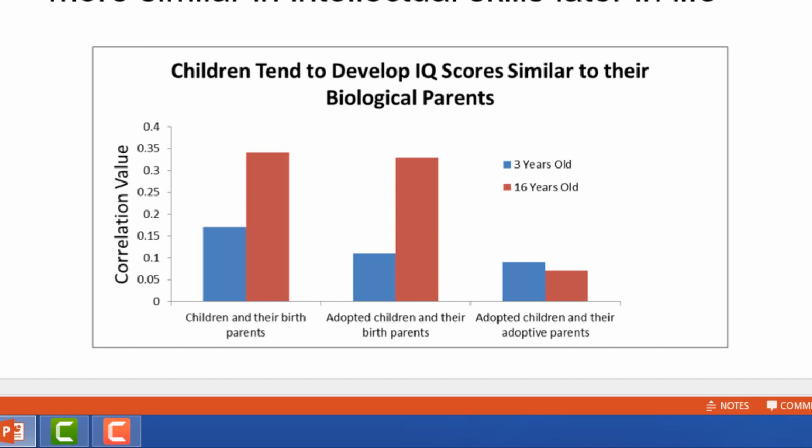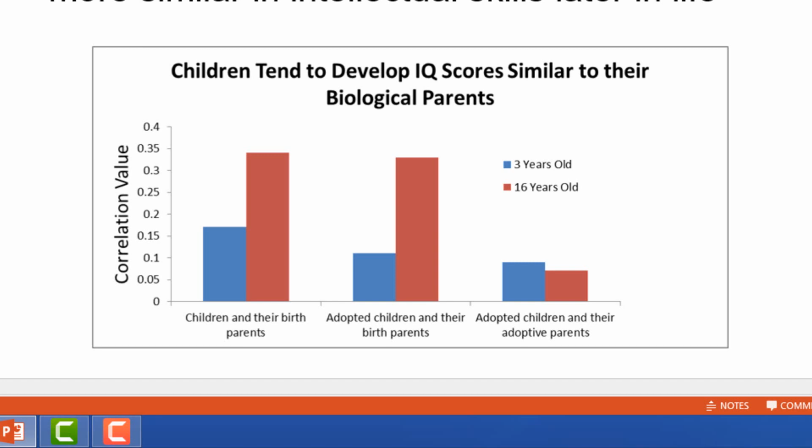And what's especially noteworthy in this case is that even if these children have never met their biological parents because they're adopted, or even if their biological parents have actually passed away, they still will show up with intellectual traits similar to their biological parents, much more similarly than they will to the adoptive parents who actually raised them for 20 years.